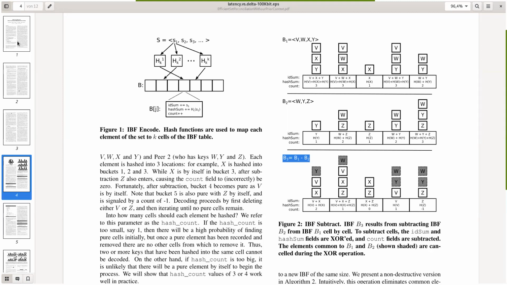So the way the estimator is used is a node computes all of these different strata of invertible Bloom filters and then transmits them to its partner. And what the partner does is, starting from the smallest partition and moving to increasingly larger partitions, it counts up how many elements it was able to extract from the difference.